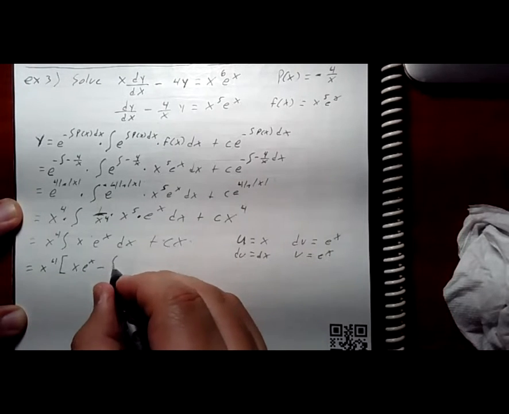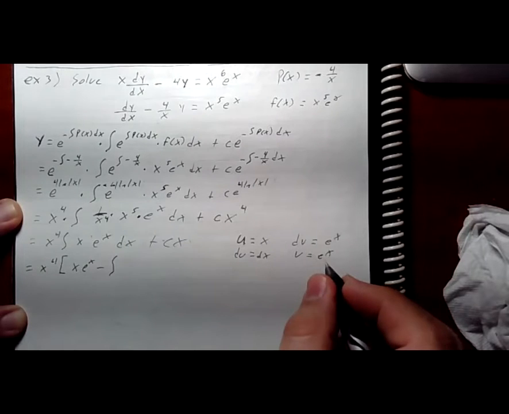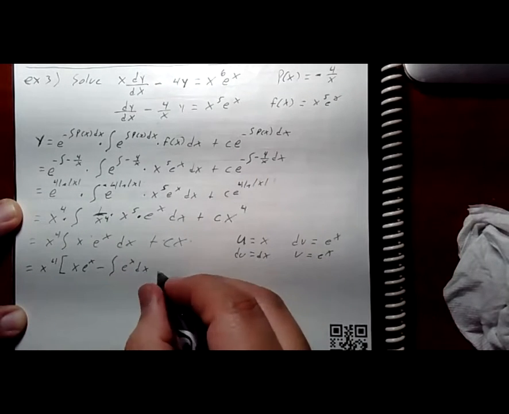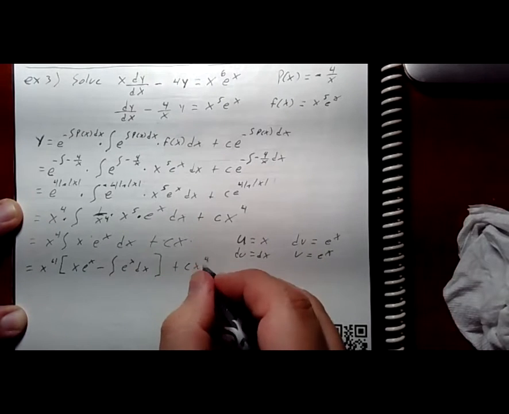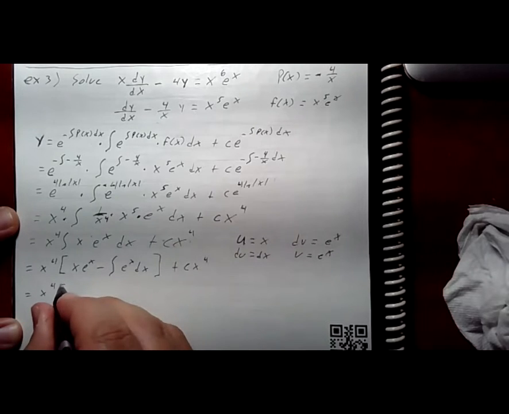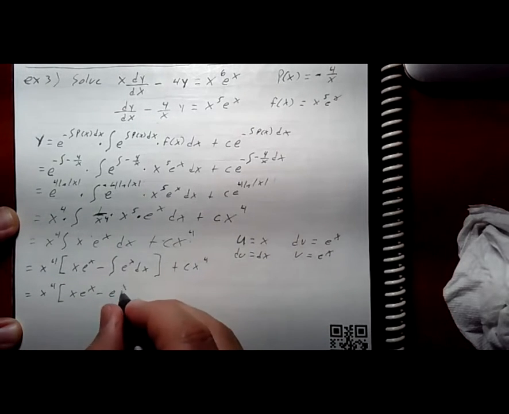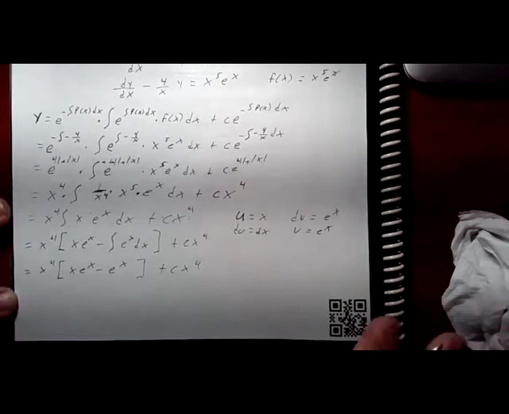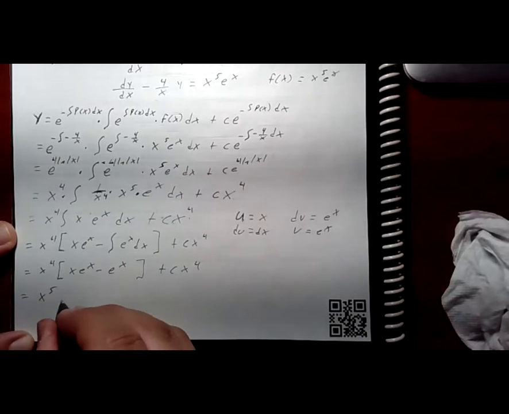Minus the integral of V du. Plus CX to the 4th. And we're pretty much done. See how much easier that was?